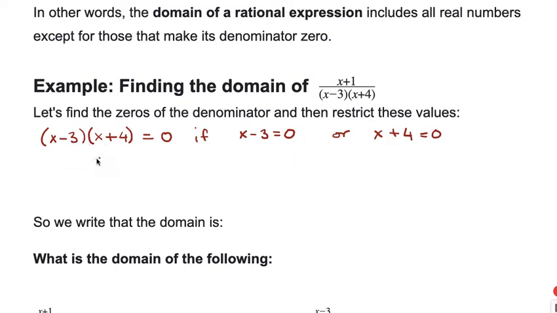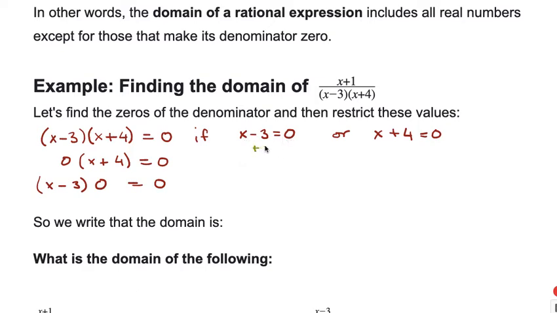If x minus 3 equals 0, then we would get 0 times x plus 4, which gives us 0. If x plus 4 is equal to 0, we get x minus 3 times 0, and that is equal to 0 as well. So let's look at how that plays out. x minus 3 equals 0.